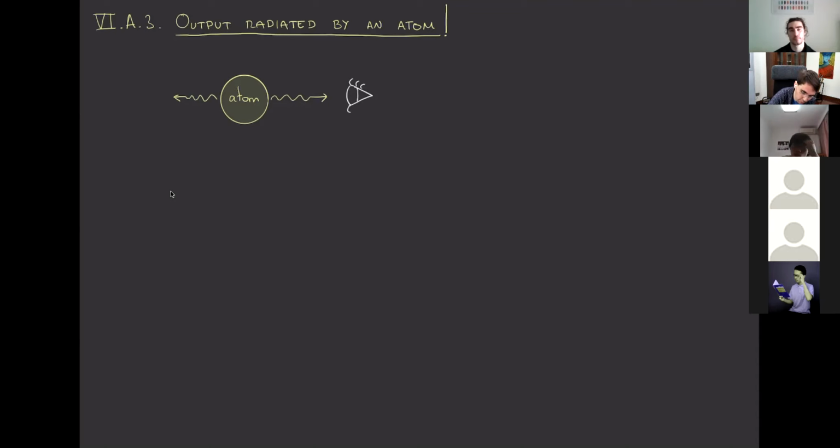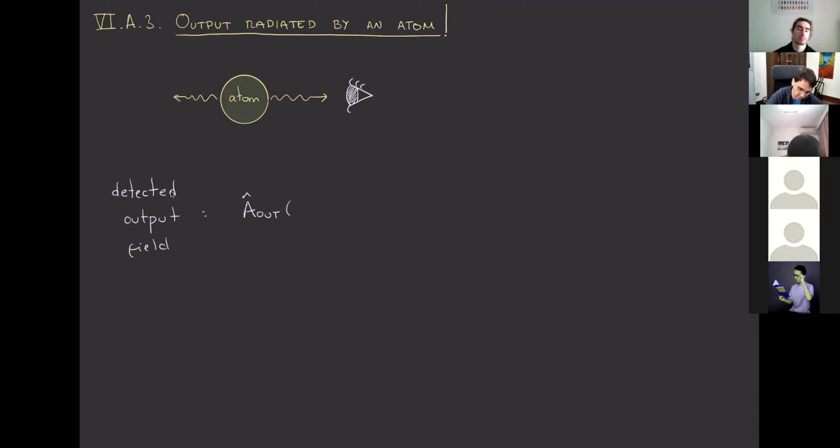And this will show up in the expression for the output field. So in particular, if you repeat what I did for the cavity, but for the atom, the detected output field, now you can write it very similarly.